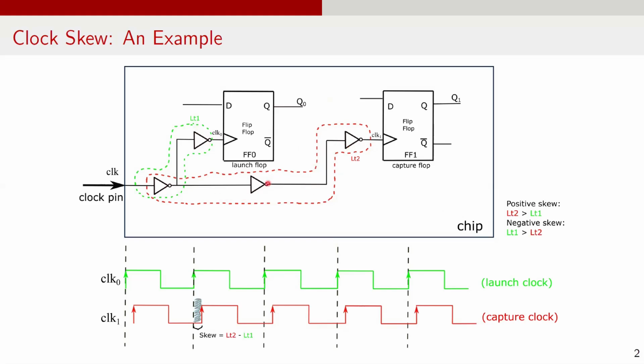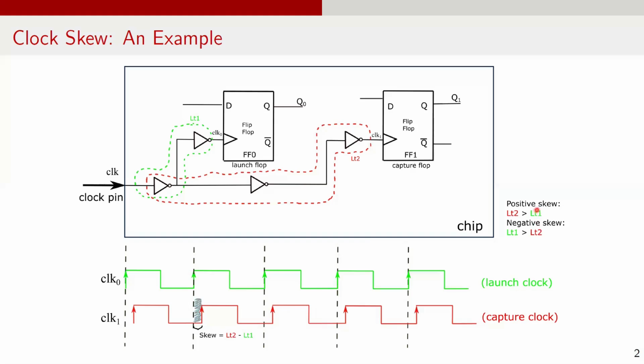If each inverter in the design has a delay of 5 nanoseconds, LT1 is 10 nanoseconds and LT2 is 15 nanoseconds. The clock skew between these two flip-flops is 15 minus 10, that is 5 nanoseconds. These are the waveforms of the launch clock and the capture clock. The clock skew, that is LT2 minus LT1, is highlighted in the gray color.